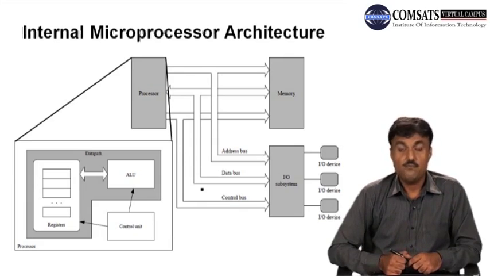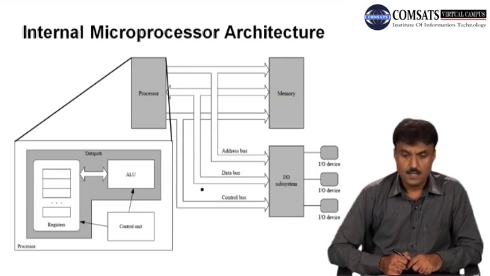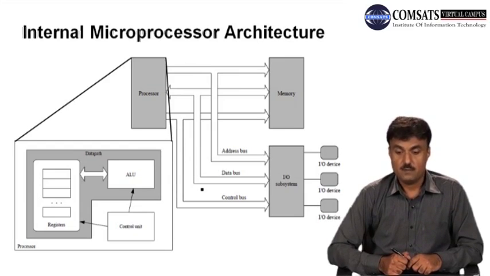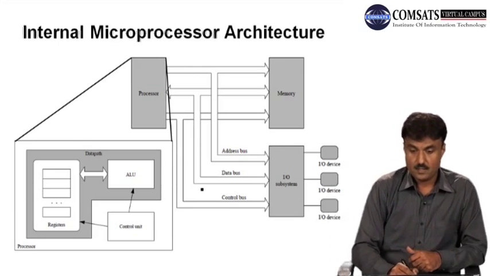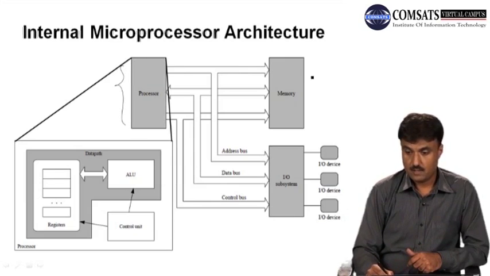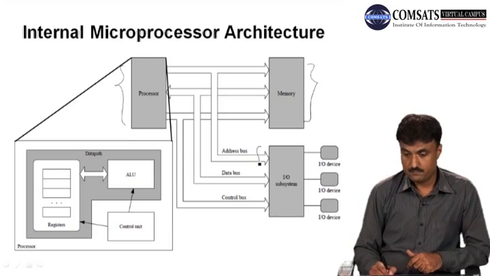So this was a very generic, very brief microprocessor architecture. In this architecture you can see most of the microprocessor components. There's a microprocessor here, there is memory here, and the IO subsystem is here.